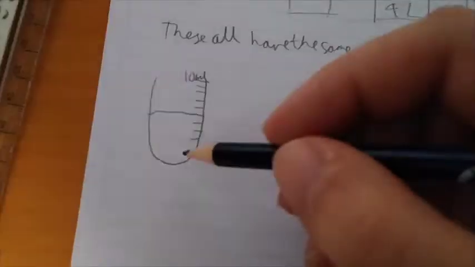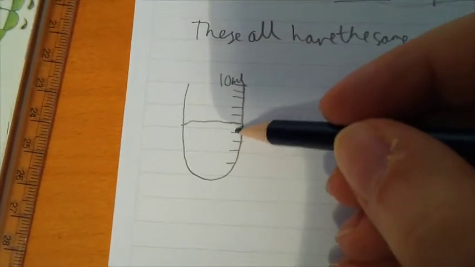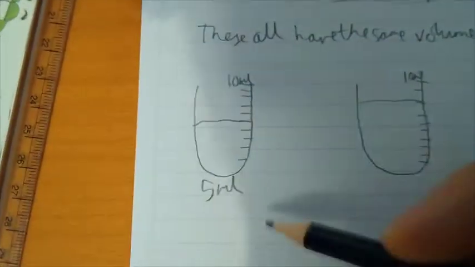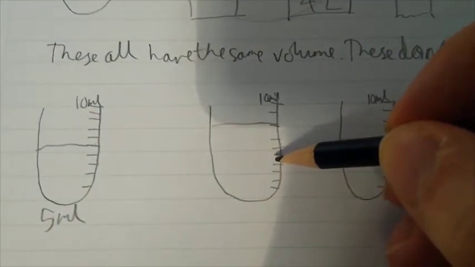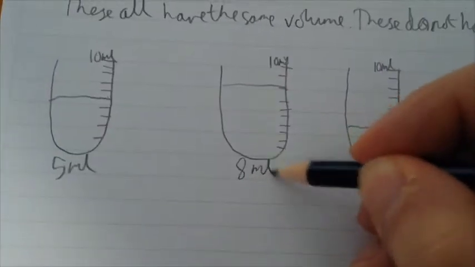So this first container contains 1, 2, 3, 4, 5 milliliters of liquid. So the volume of this is 5 milliliters of liquid. The volume for this is 1, 2, 3, 4, 5, 6, 7, 8. So this contains 8 milliliters of liquid.